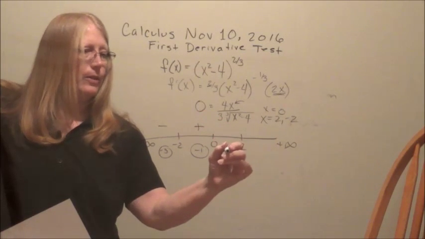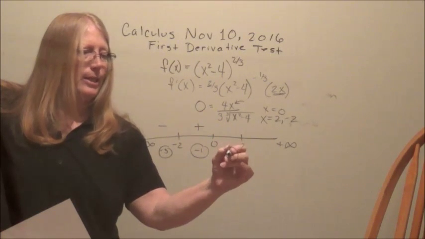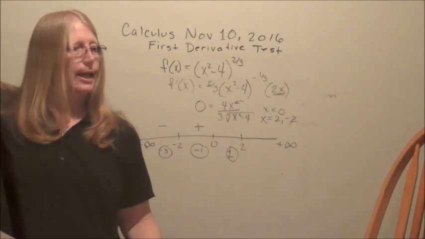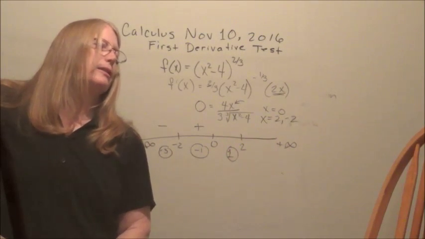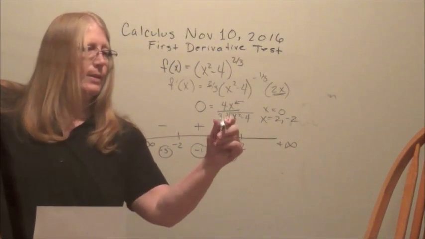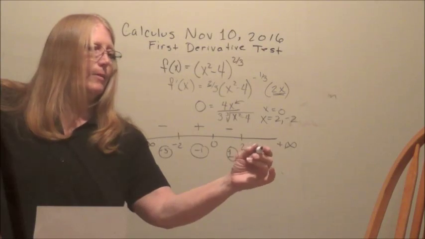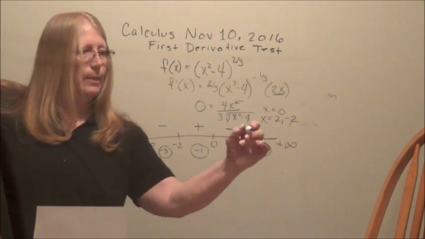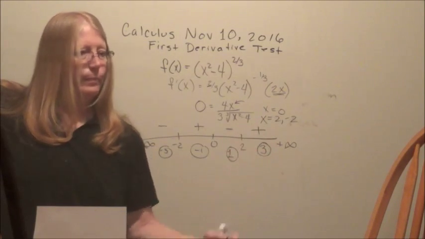And then between 0 and 2, I tested 1. And when I did that, I got a negative value. And lastly, between 2 and infinity, I chose 3. And that gave me a positive value.